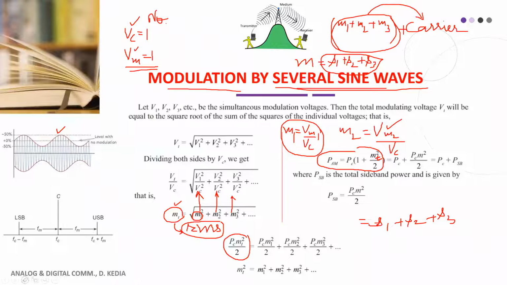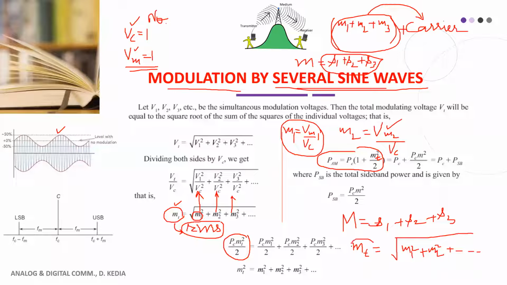So this is my modulating signal M. Then I will obtain the total modulation index, that is MT, as the root mean square: for S1 I will have M1 square, for S2 M2 square, for S3 M3 square, and so on, under the root.